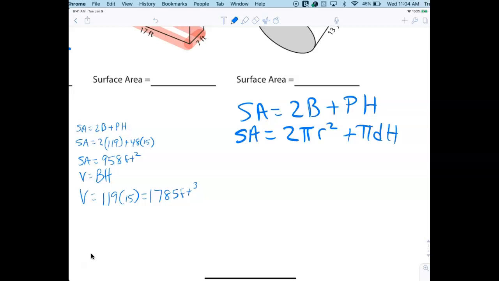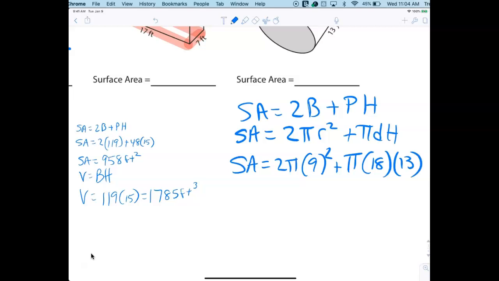I want you to tell me what the radius is. 9. Hold on. 2 pi times, what's the radius? 9. 9 squared plus pi times, what's the diameter? 18. What's the height? 13. Beautiful.